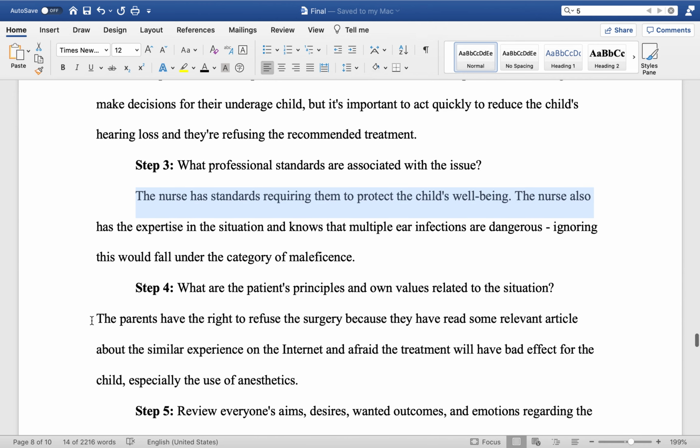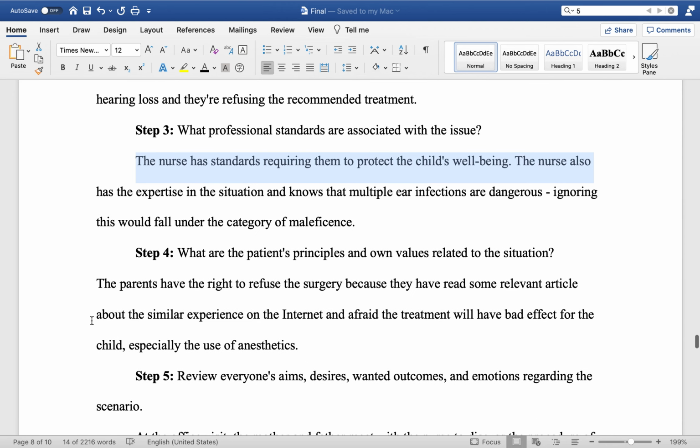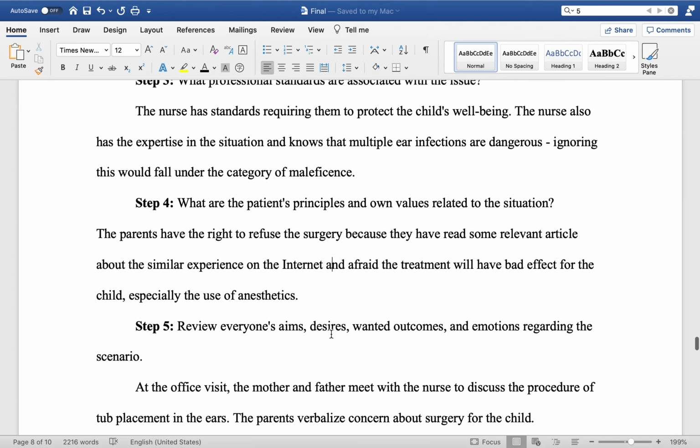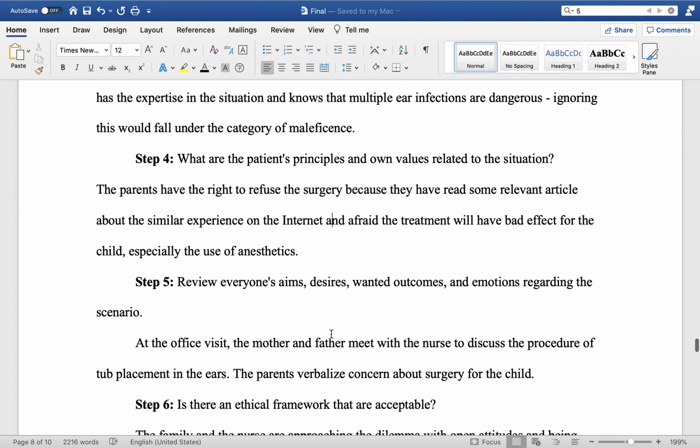The parents have the right to refuse the surgery because they have read some relevant articles about similar experiences on the internet and are afraid the treatment will have a bad effect on the child. And next step, review everyone's aims, desires, wanted outcomes, and emotions regarding the scenario.